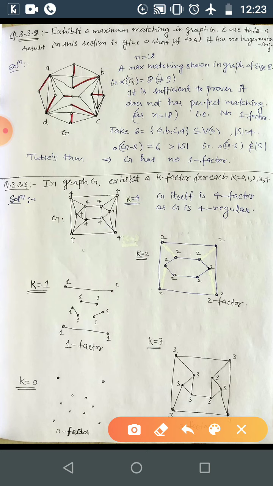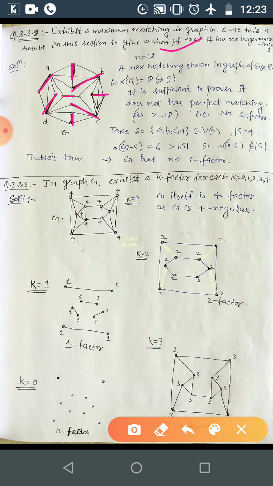In this graph, the number of vertices is 18, and a matching that you can find is this one. I have highlighted the matching, and it has cardinality 8.